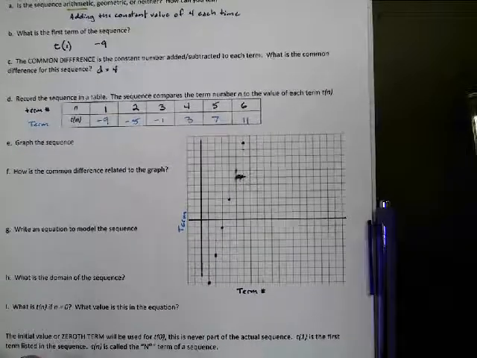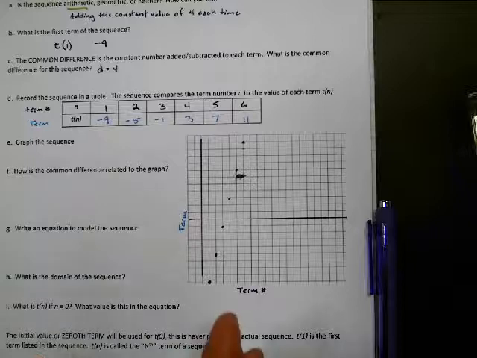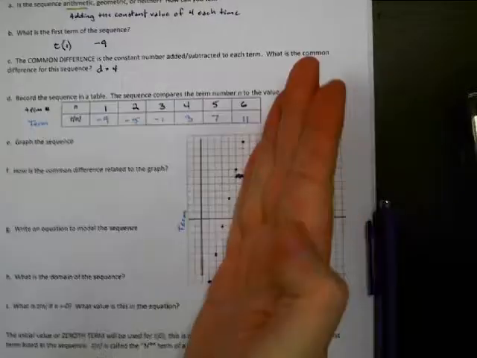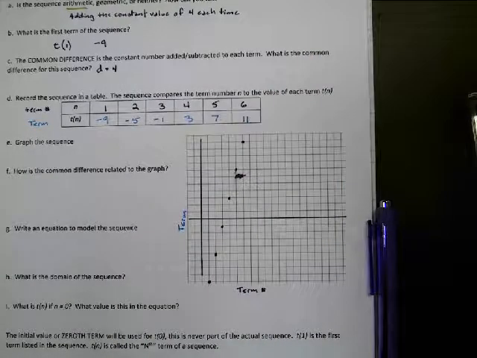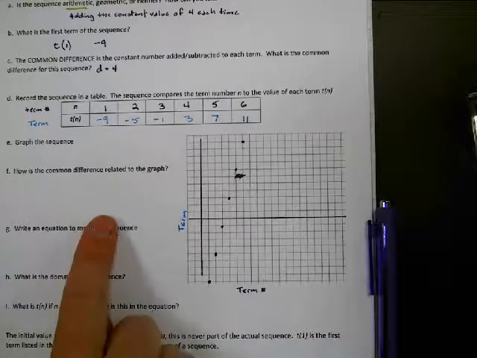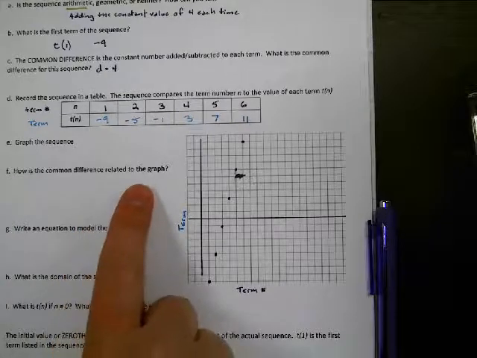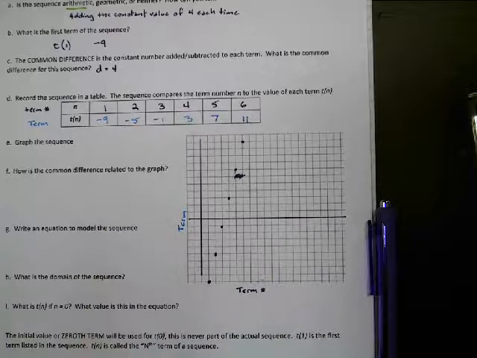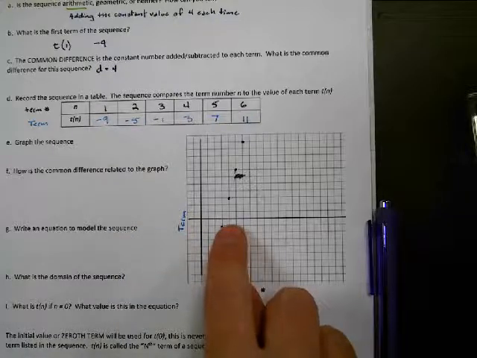And we're seeing that with arithmetic sequences, we are getting, right there, a nice line. So how is the common difference related to the graph? Well, the common difference, it looks like it's the slope. So the common difference is going up 4 and over 1.